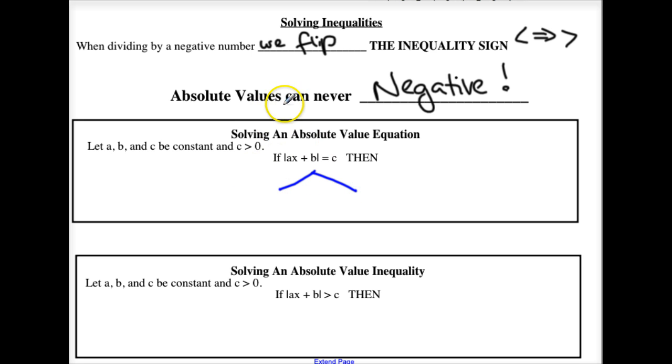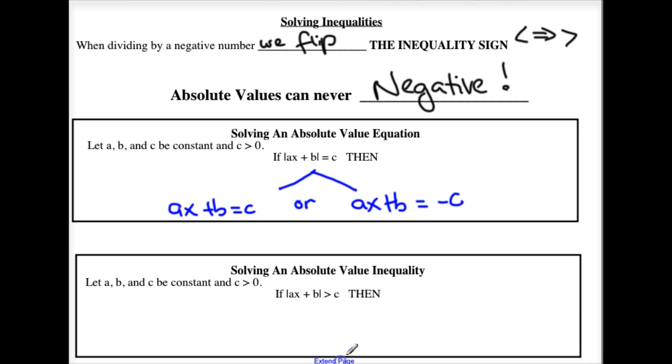Absolute value, most of the time there are two solutions. So everything that's in my absolute value has to be equal to C, or everything that's in my absolute value can be equal to negative C. Because if I take the absolute value of a negative number, it will be a positive.